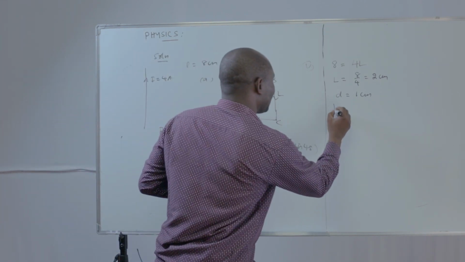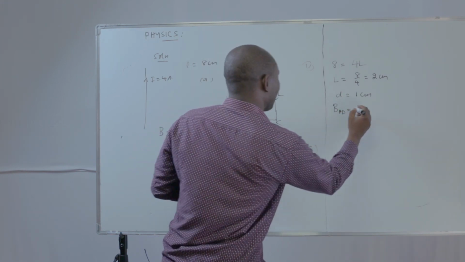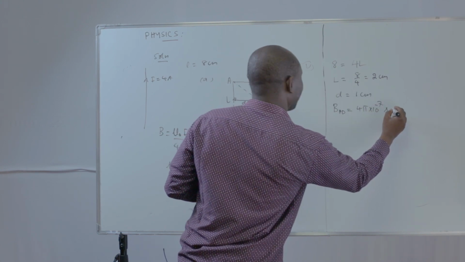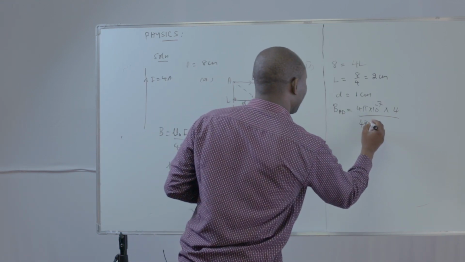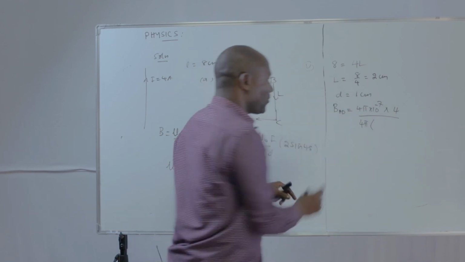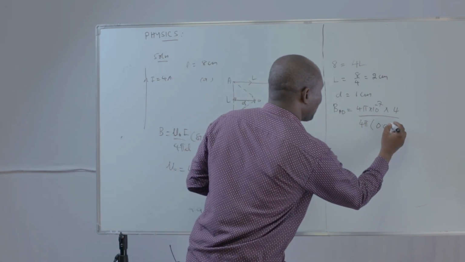So the magnetic flux density of AD equals 4 pi times 10 negative 7 times current, which is 4, divided by 4 pi times D. Our D is 1 centimeter. If you convert into meter, it's the same as 0.01.